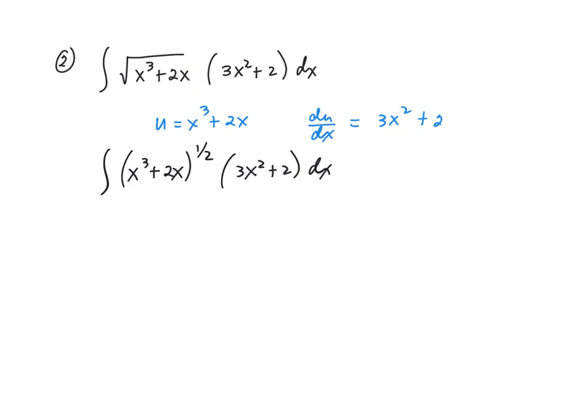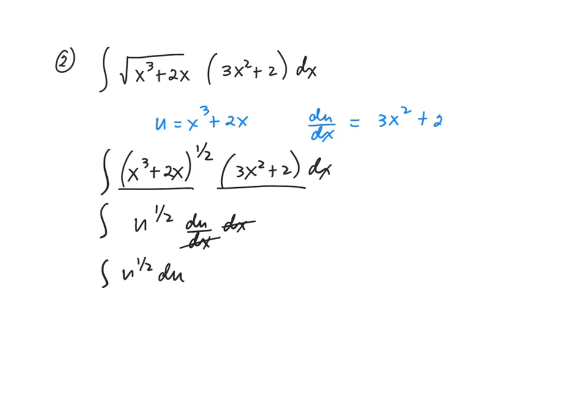Then let's transform it, because now x cubed plus 2x to the power of 1/2 is now u to the power of 1/2, and 3x squared plus 2 is now your du dx. And dx would still be here, but you can cancel it out. So it's really just u to the 1/2 du.